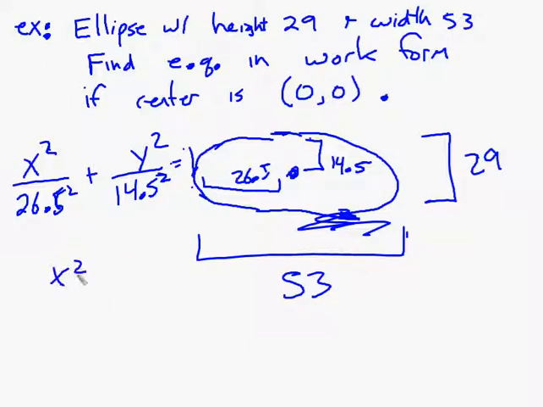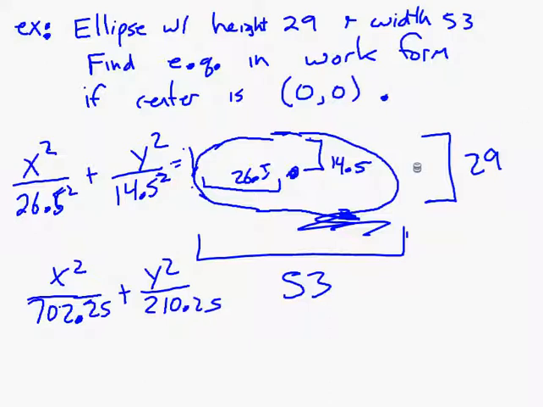So I get x squared over 702.25 plus y squared over 210.25. Wait, where'd you get those numbers? I squared these.